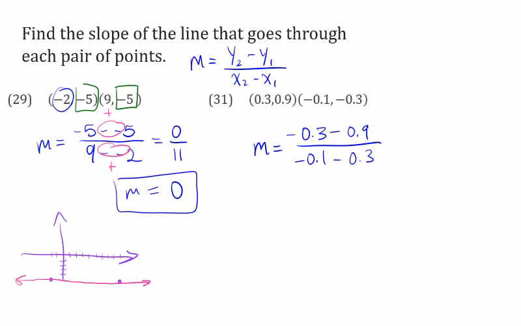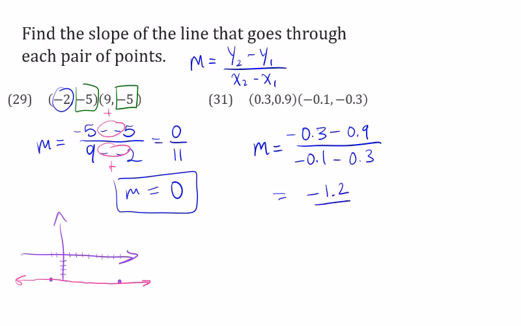Okay, so just do the math. Negative 0.3 minus 0.9, 0.3 plus 0.9 is, excuse me, not 0.12, 1.2, but keep the same sign, right?